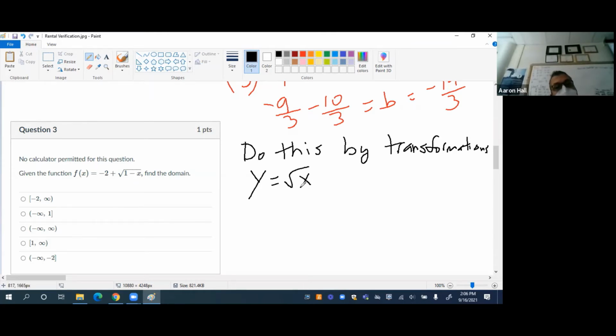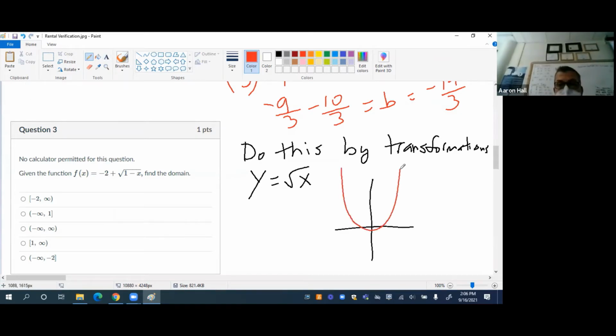What does that look like? This is the inverse of what? Yeah, of x squared, and x squared looks like this. So if we have an inverse, it has to be a reflection across y equals x. So we have something that looks like this, right?